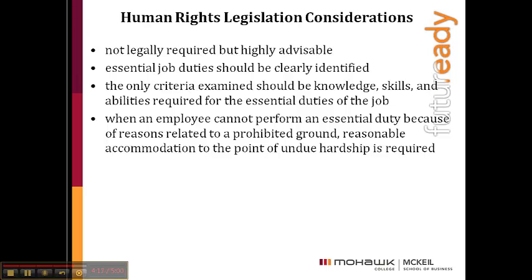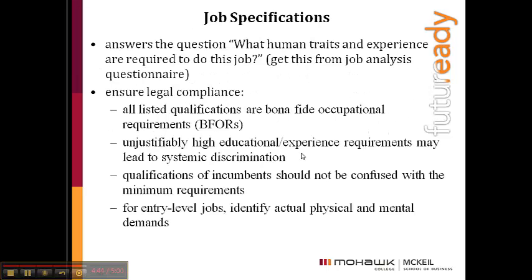Maybe they have to work on Sundays to do a job, but their religious affiliations preclude them from doing it. Maybe they have to be dressed in a particular way to do a job, a specific uniform that they have to wear, or carry out duties in a certain way, and they have religious concerns about doing that. So again, we have to make sure that we can make some accommodation, but it doesn't put the employer out of business, so to speak.